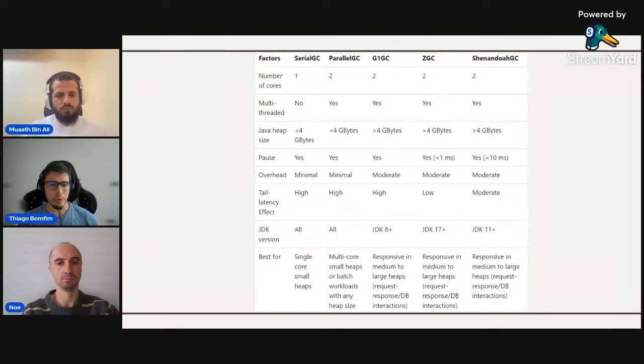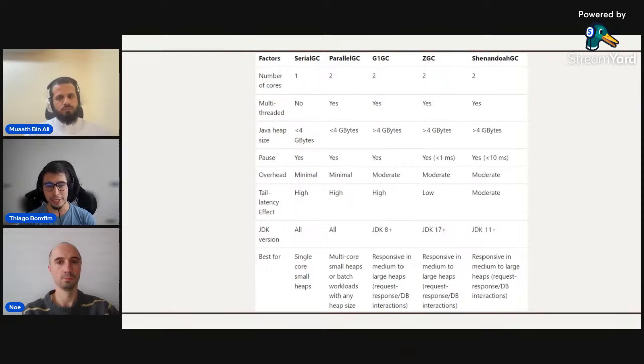You really need to understand what's best for your application. If you have, for example, HPA, horizontal pod autoscaling, and you are able to scale out very fast and start very fast, maybe Shenandoah will work fine in the case that I said before. But again, you need to measure. You need to do some verifications and check which one is the best.